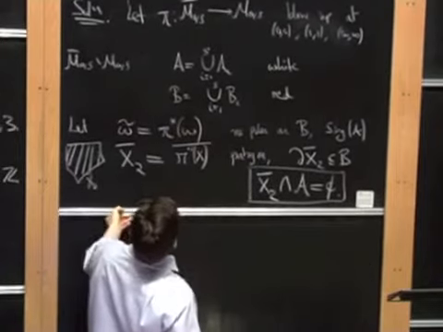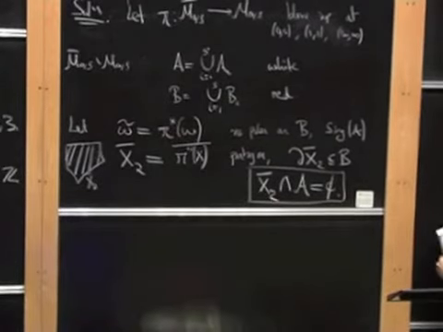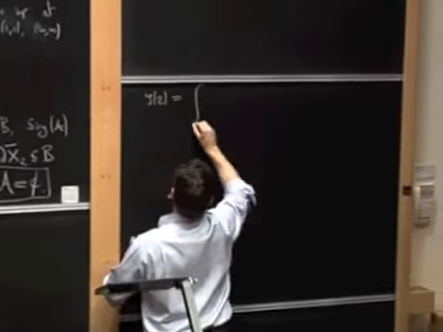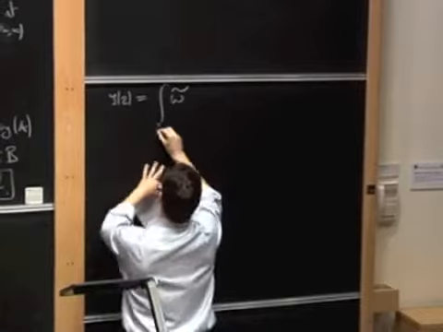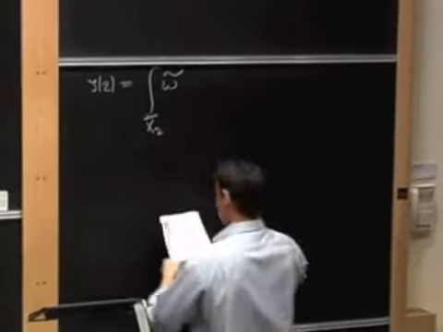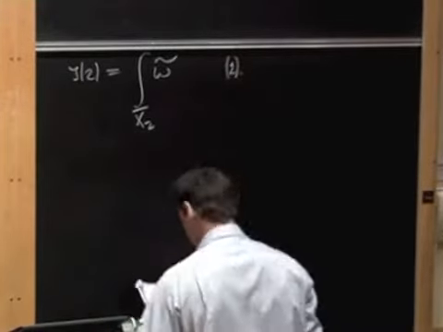Okay, and so nothing's changed really. The integral zeta 2 after changing variables is still just the integral of omega tilde over this compact polytope, X_2 bar. Let me call this equation 1.